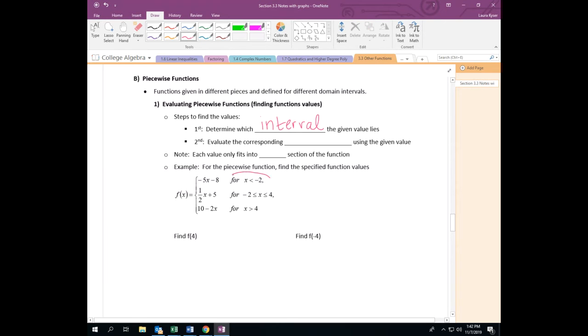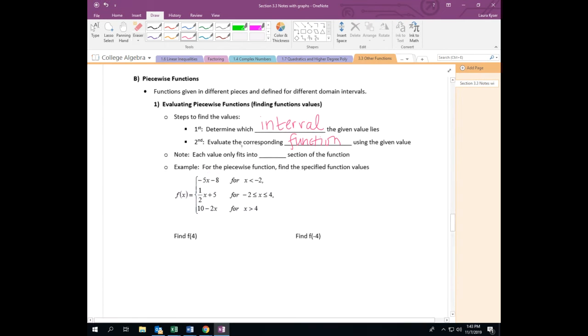And that's where this stuff here comes in. These are the intervals of values that are allowed in each one of those functions. Once you determine which interval it belongs to, then you can evaluate that corresponding function. That's these parts, using the given value.